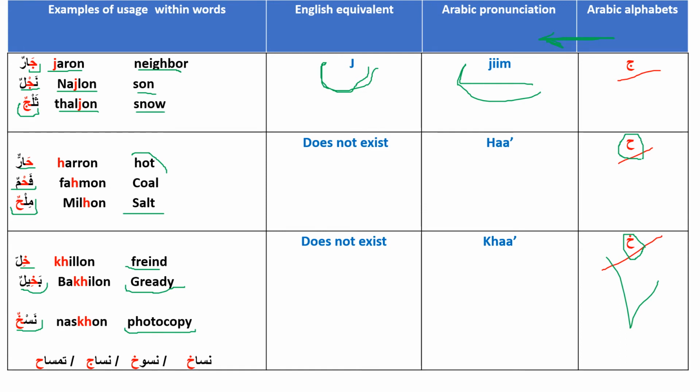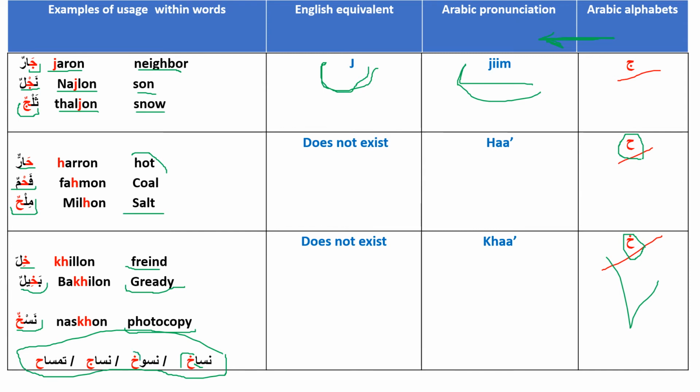Well, look here, this spot. We have examples. What we do for Ha or Jim or Kha applies to the others. If we do something with Jim, it applies to Ha. If we do something with Ha, it applies to Kha, and vice versa. Nasakhun. Look here, we have Alif before Kha, so we write it separately.